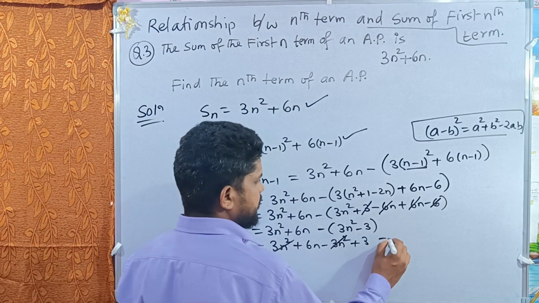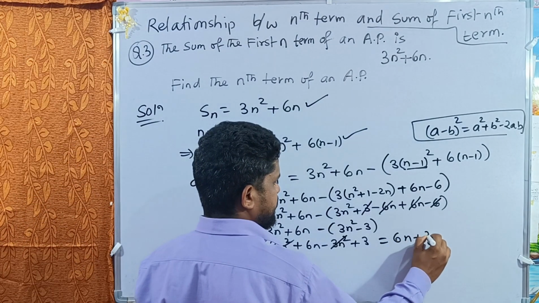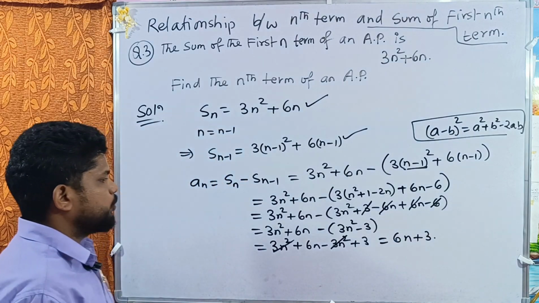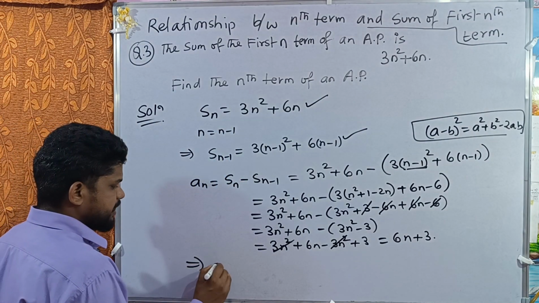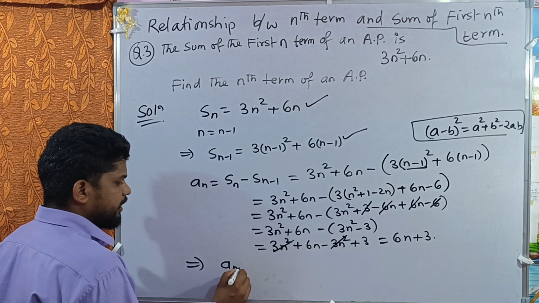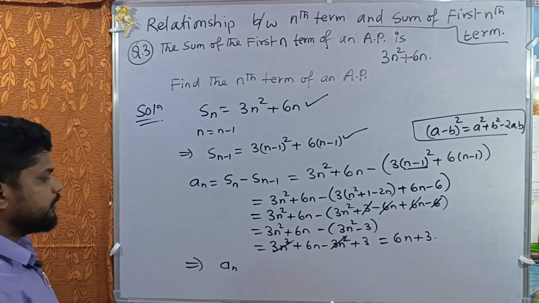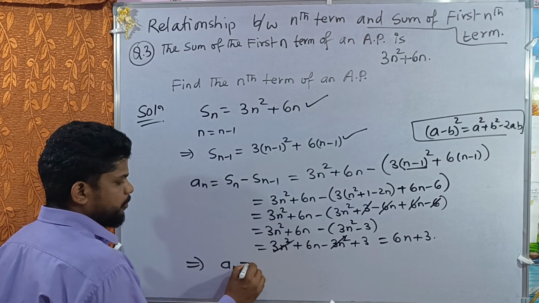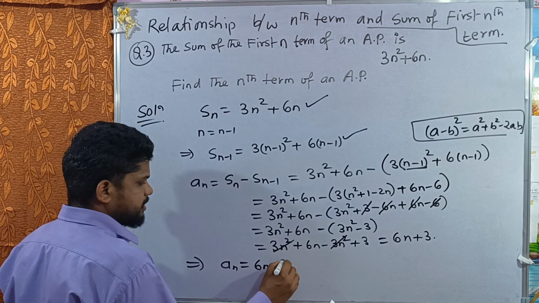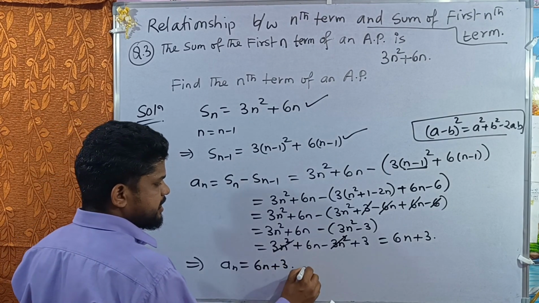The remaining is 6n + 3. So the nth term formula is 6n + 3, and this is the answer.